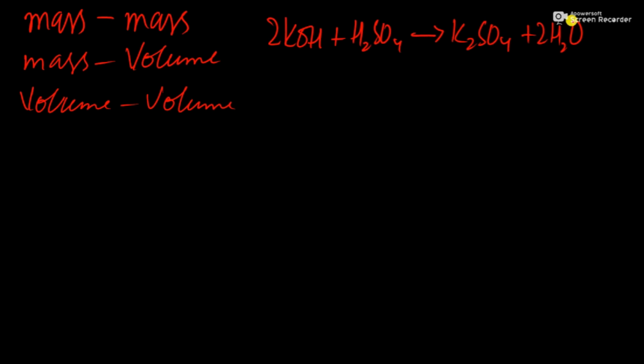Okay, so for example, 14 gram KOH is given, and the question is to find the mass of potassium sulfate that is formed from 14 gram. First of all, we have to find the moles of KOH. We know the formula is mass over molar mass, and we have 14 gram mass. What is molar mass?